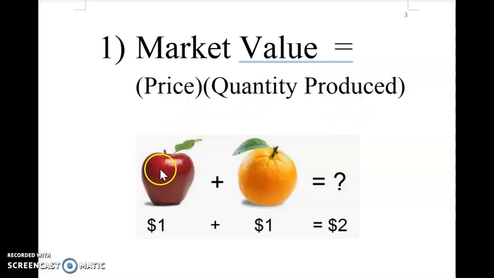You all know that we cannot add apples to oranges directly, right? We have millions of different goods and services. They just cannot be added that way. So we have to convert that into dollar value. When this apple is worth $1, and this orange is also worth $1, then you can add them. That is the reason why we have to convert all of the services and goods into market value and then add them up to get the GDP.